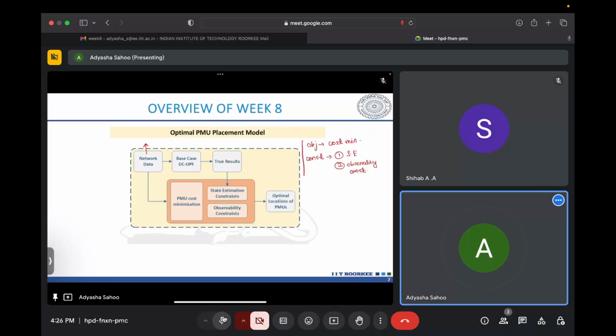So this is the optimization model. The input or the data required is the network data, and the output that you get is the location of the PMU in the network.